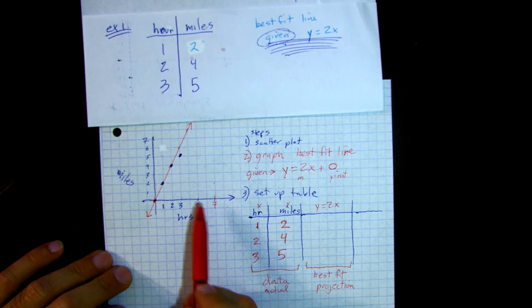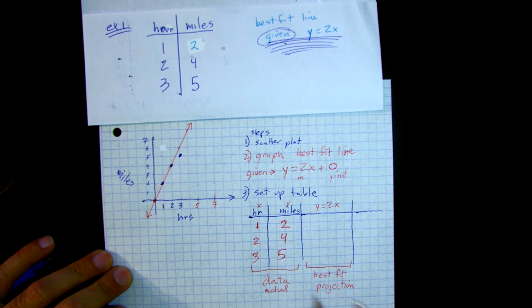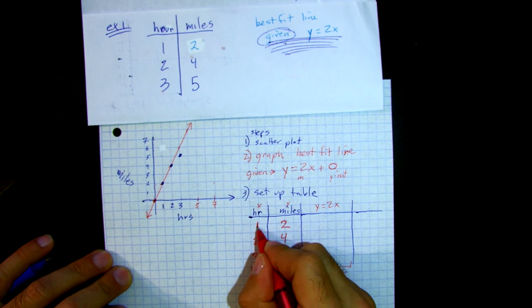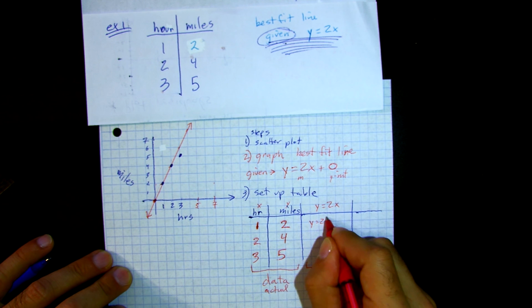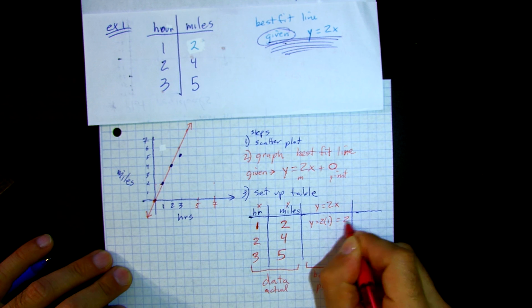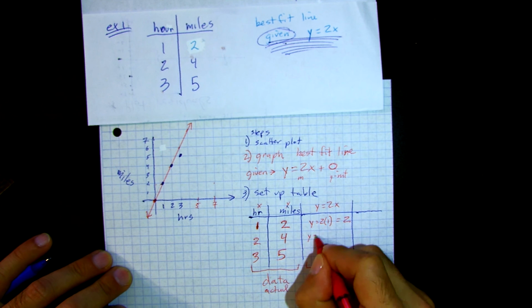I could also plug in 5 to make my projections using the line of best fit. Watch what I'm going to do. I'm going to plug in 1 hour to see where the line of best fit is. Y is equal to 2 times 1. It's at 2. Oh, okay. So my line of best fit, the projection, matches what I actually walked. Let's do it for 2.